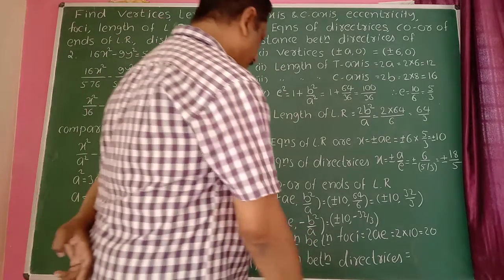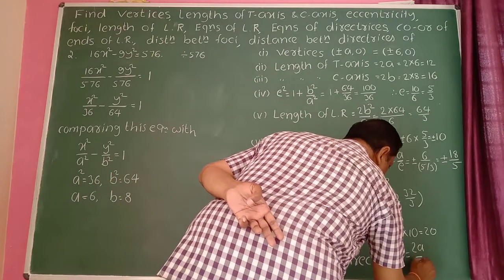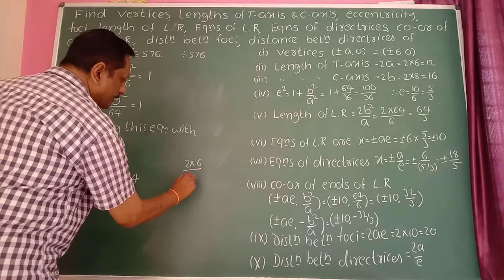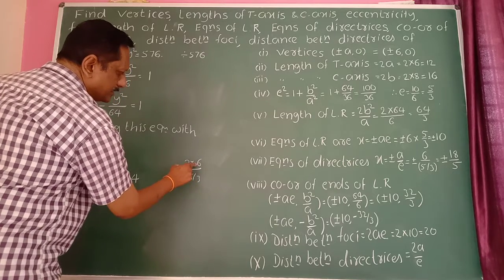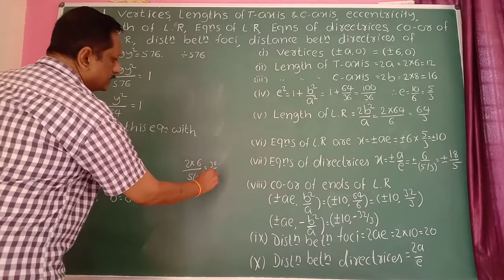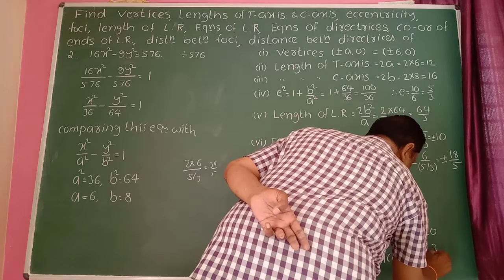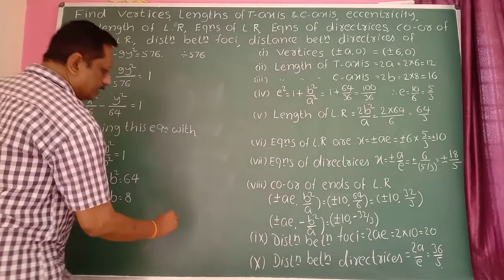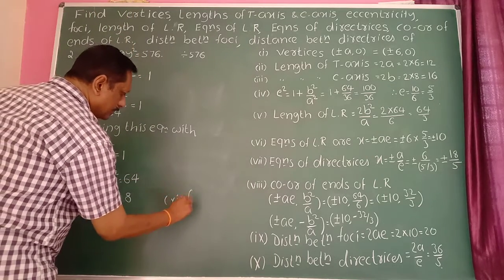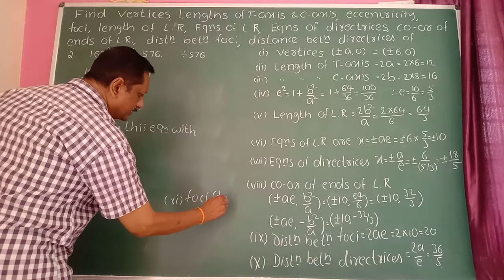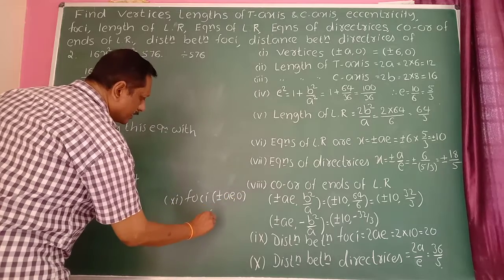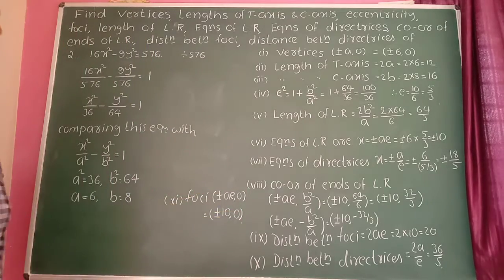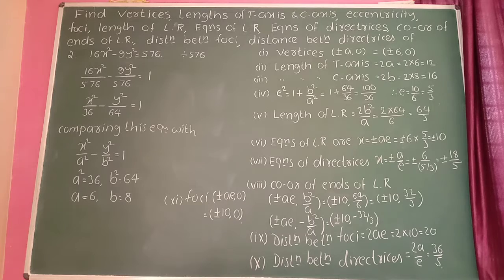And the directrix distance is given by 2a/e. 2 × a value 6 and e value 5/3, so 3 goes to the numerator, 6 × 3 is 18, 18 × 2 is 36, so 36/5. Then the foci are (±ae, 0), a × e value is 10, so (±10, 0).